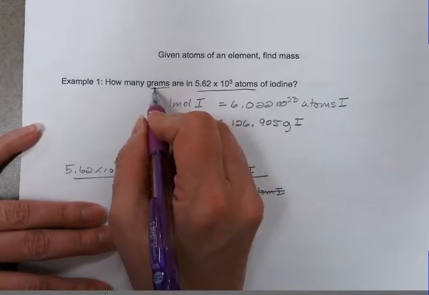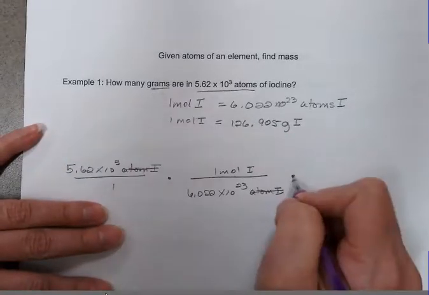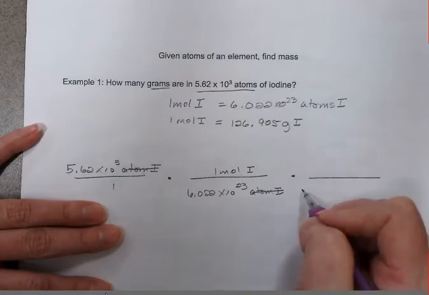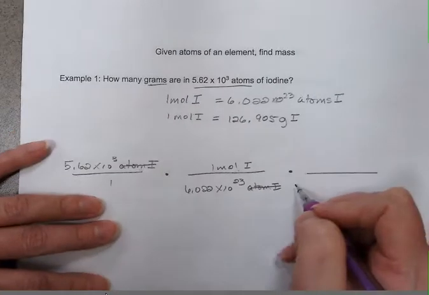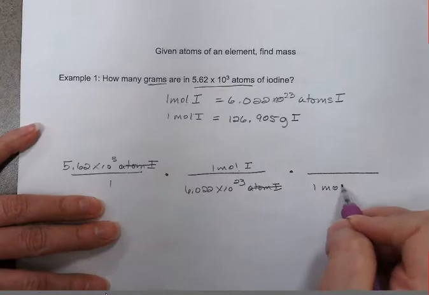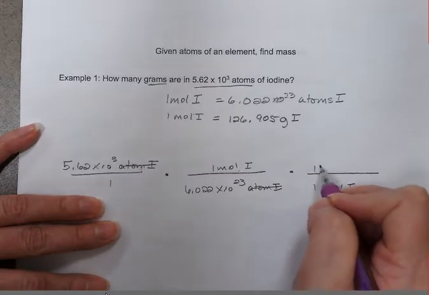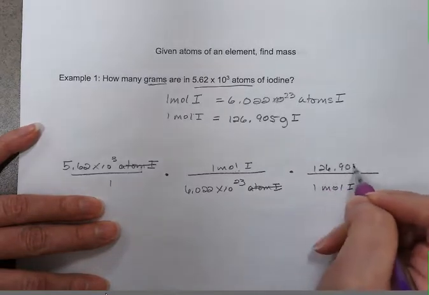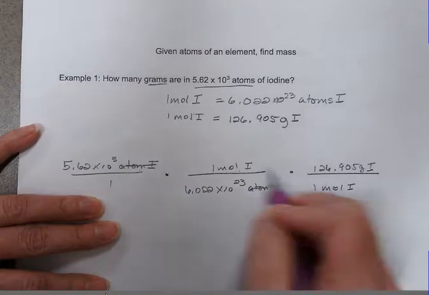The question is, what is it in mass or grams? So I'm not done. It means I'm going to need another conversion factor. So I can see that for every 1 mole of iodine, I have 126.905 grams of iodine.